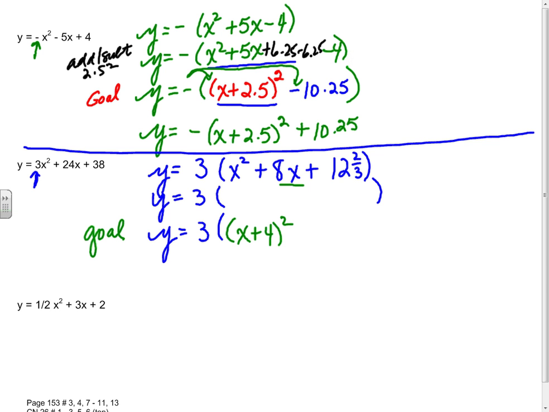In order to have that, I need to add and subtract into my function whatever 4 squared is, which is 16. So I'm going to take my original equation and introduce a 16 and a negative 16.